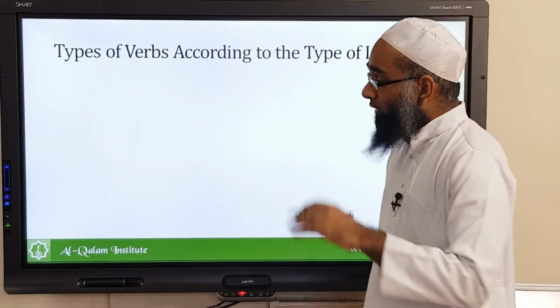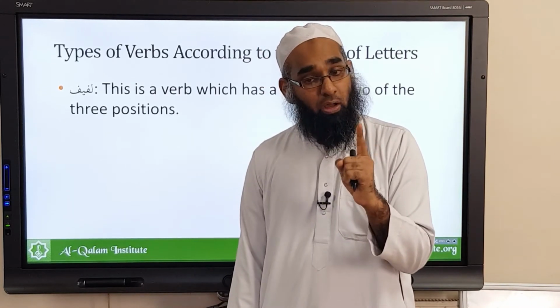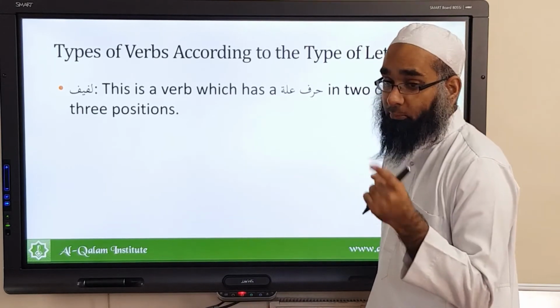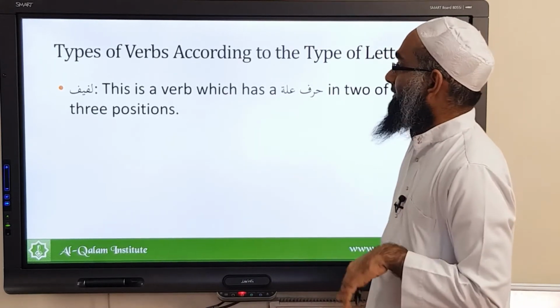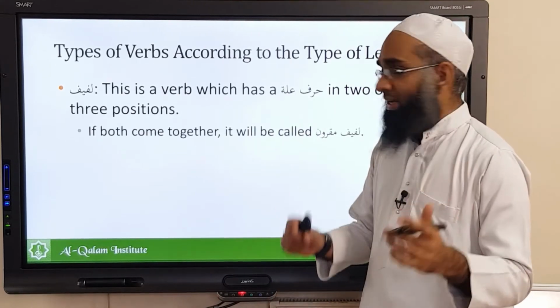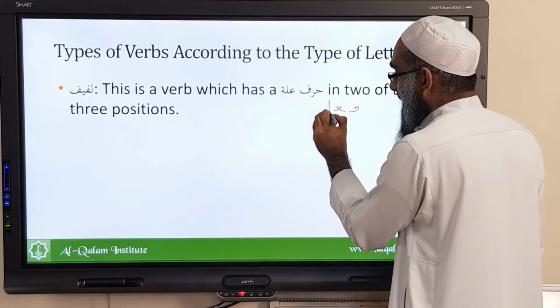Now all of those we discussed previously had one harf illa. If a verb has more than one harf illa, you don't call that mu'tal, you call it lafif. Because you can have two harf illa, you have fa, ayn, and lam.